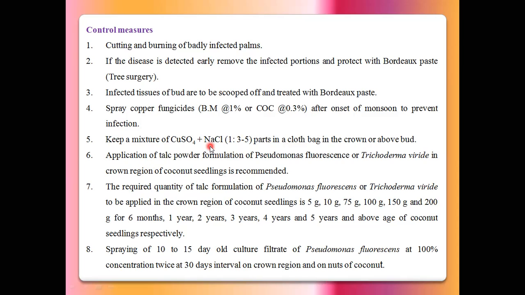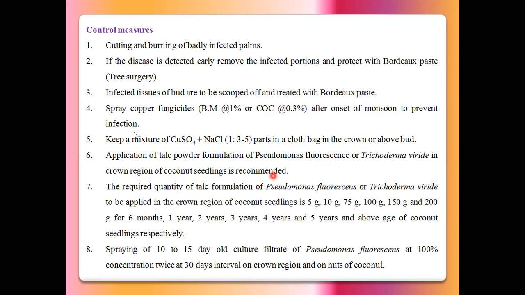In this way you can kill the Phytophthora present in the crown points or bud points. Or directly apply Pseudomonas fluorescens talc powder or Trichoderma viride powder in or around the crown region of the coconut seedling. This is also recommended to reduce the inoculum level of the Phytophthora.